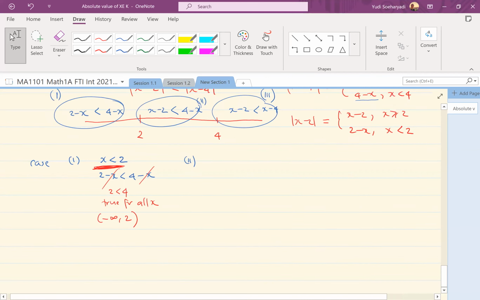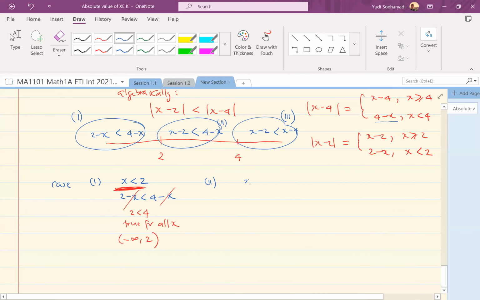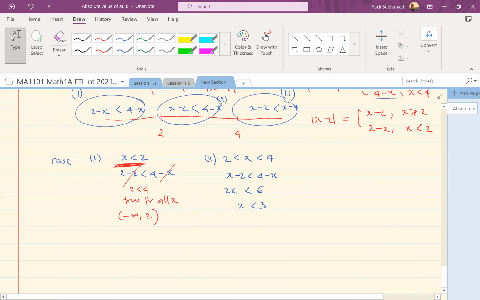Second case. Case 2 is for x between 2 and 4. So the inequality is, okay, so we add x to both sides, add 2 to both sides. Okay. So the solutions that you get is by intersecting those two.